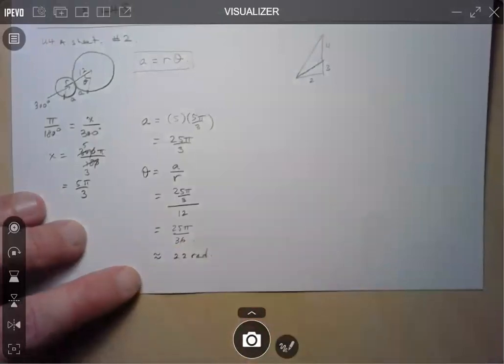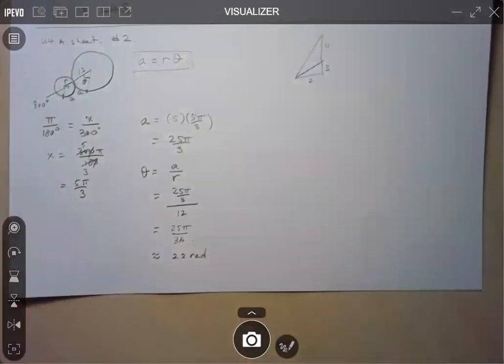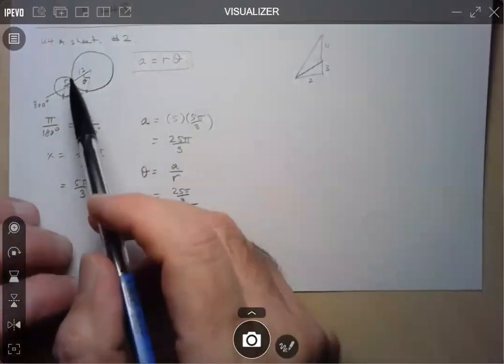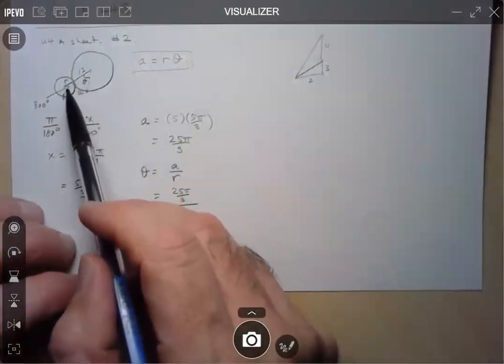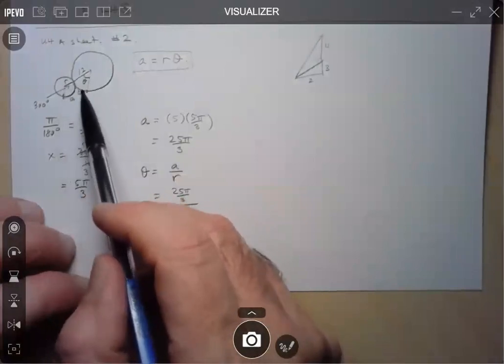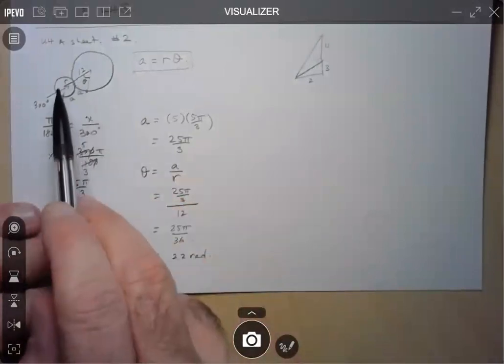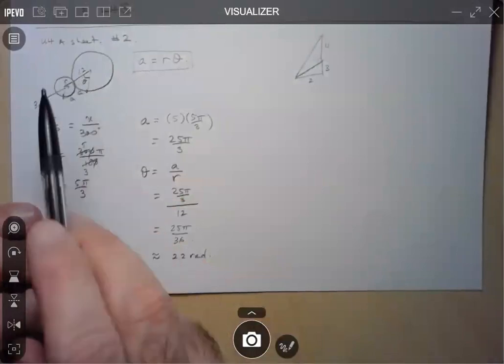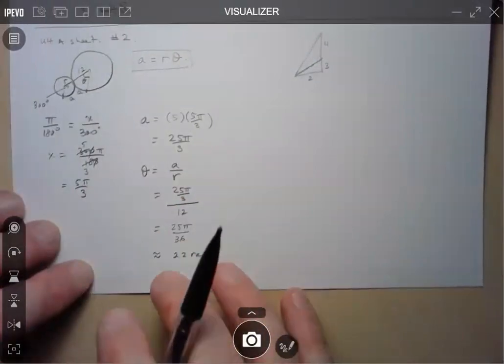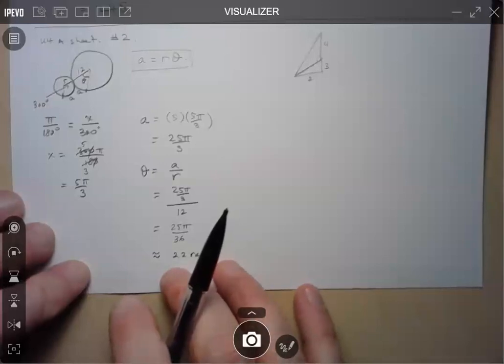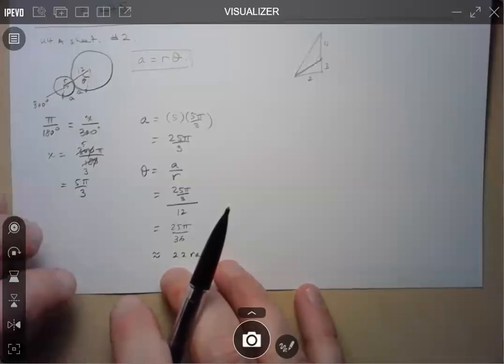But you might as well give the exact value. Again, the idea was to see that the relationship between the two scenarios was that the arcs would be the same, and then you use the arc length formula from one to apply to the other. I don't remember who asked that, so let me know if there are any questions. Otherwise, we'll move on. Nope. Okay, let's move on.